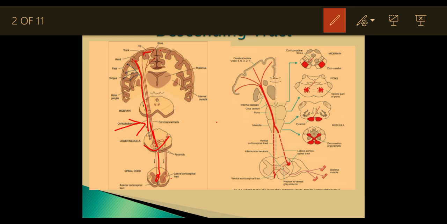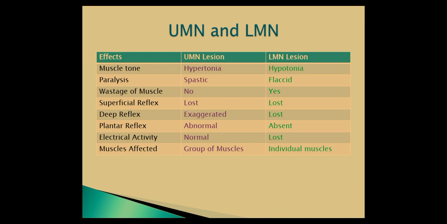We discussed the upper motor neuron, which is present in the higher center, from where the descending tract originates, and the lower motor neuron, which is present in the lower area, either in the anterior horn gray matter of the spinal cord or in the cranial motor nuclei present in the brainstem, which are under the influence of the upper motor neuron. So now we come to the pathology.